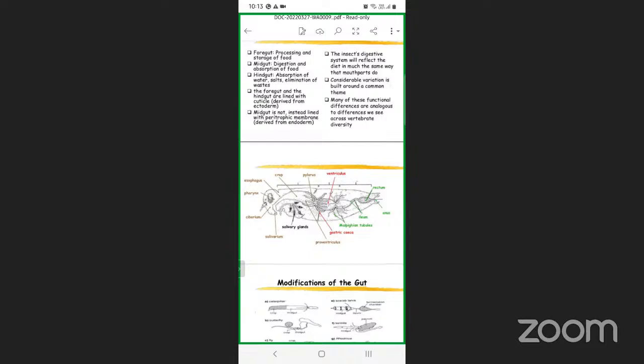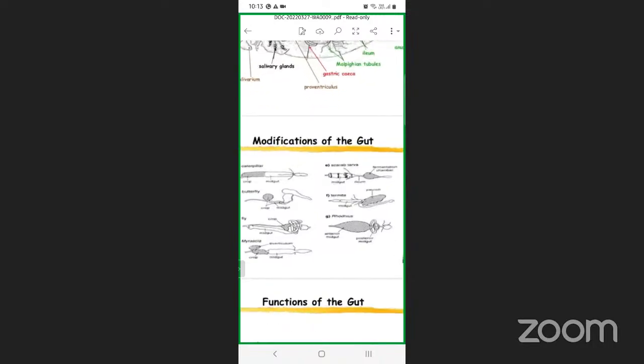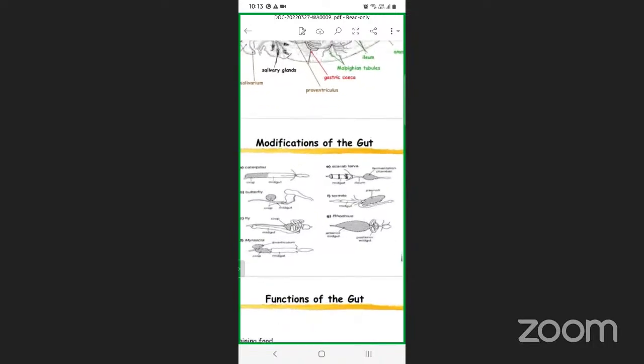Coming to the hindgut region, we see pictures of different modifications of the gut in different insects. The caterpillar has a different crop and midgut region, the butterfly has different crop and midgut regions, and even small flies have the midgut and crop regions differently.